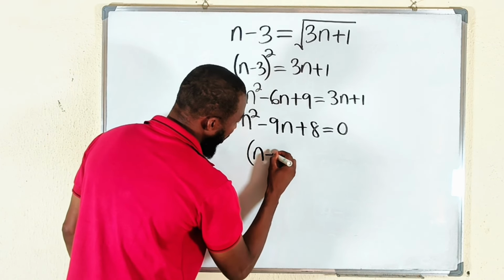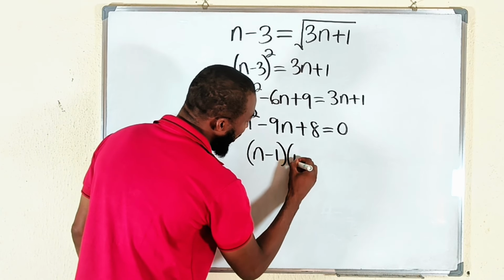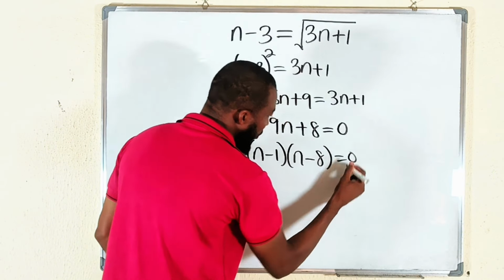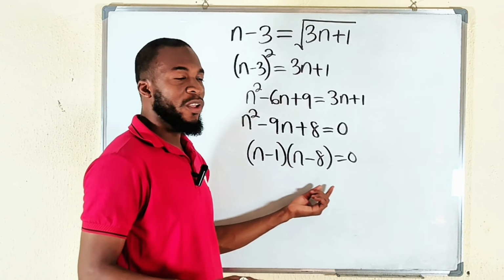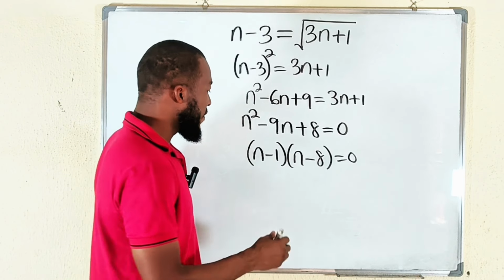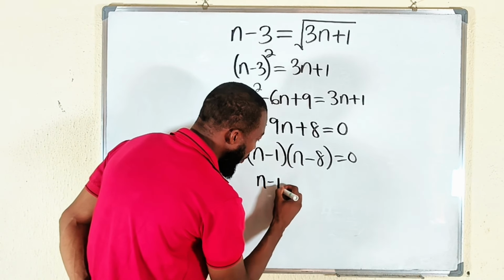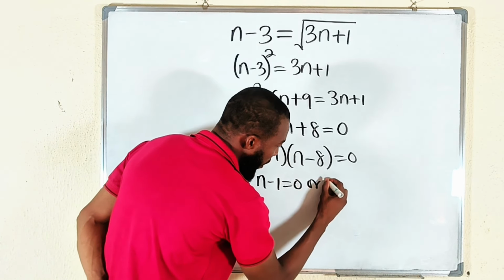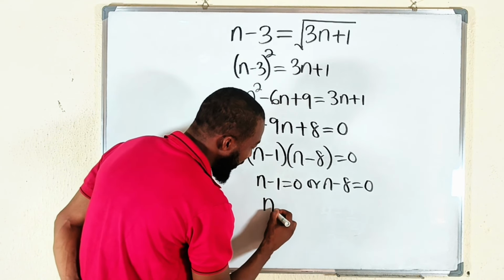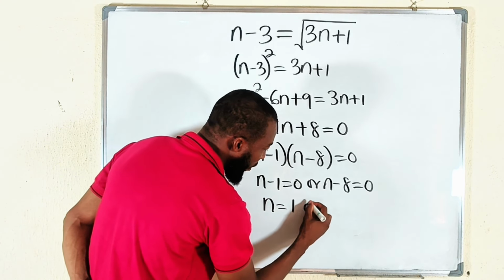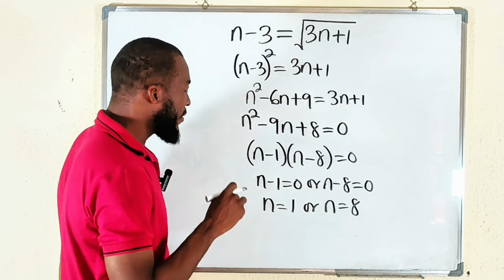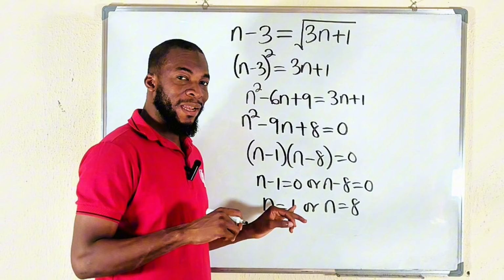You have n minus 1 multiplied by n minus 8 equal to 0. And remember, we are solving for each factor here. So it implies either this one is 0 or this is 0. So n minus 1 equal to 0 or n minus 8 equal to 0, which implies that n is either equal to 1 or n is equal to 8. So these are the two values we got for n.